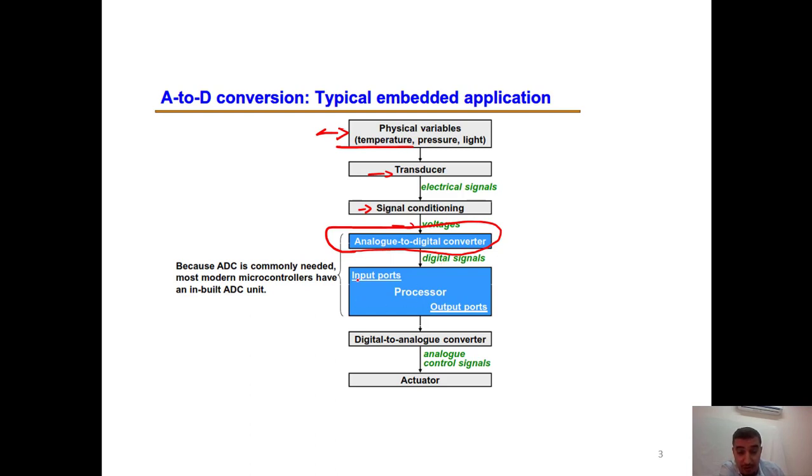It will take from the input ports, process, and send the output to a digital to analog converter, which is controlling an actuator. This actuator will be either a stepper motor or a DC motor, depending on what type of actuator our system is designed for.